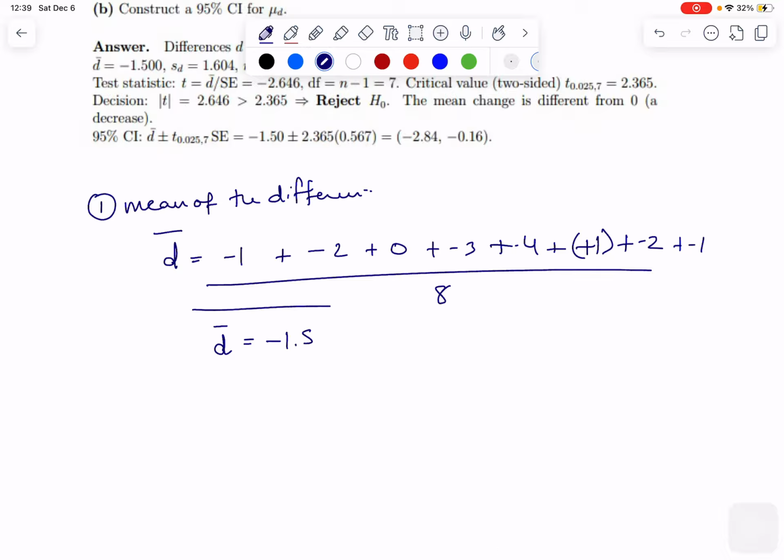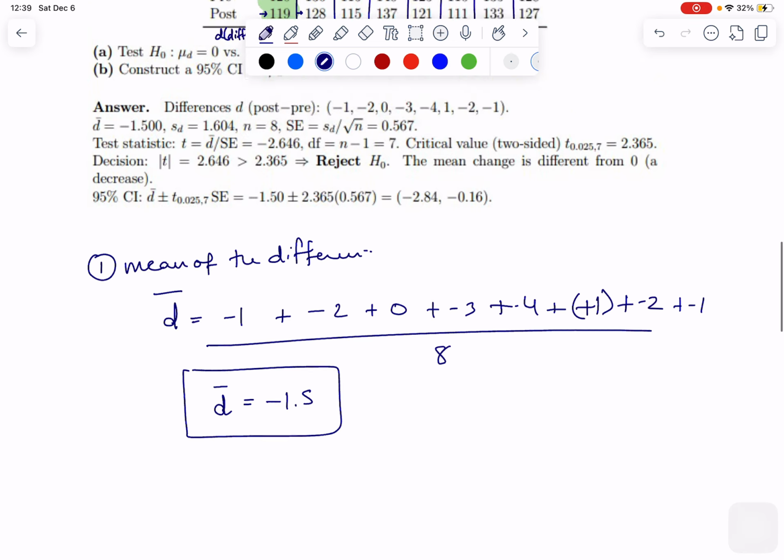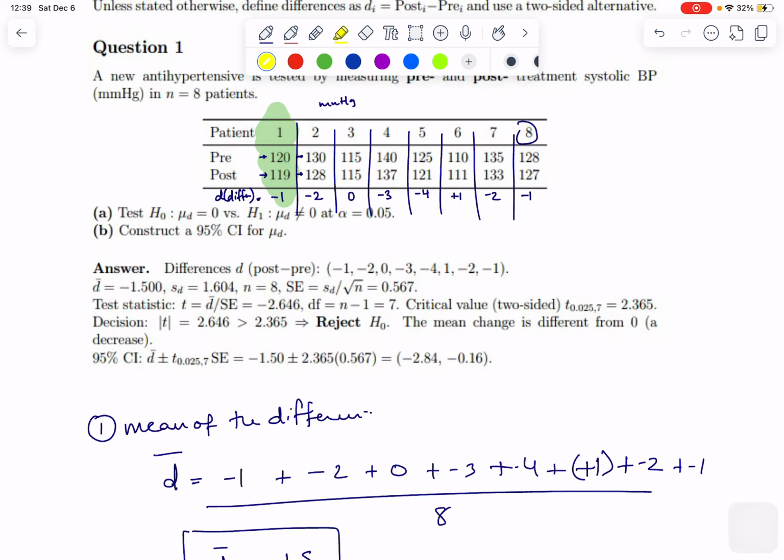So this is one thing we could establish. Another thing we could establish from these results is that they're numbers. If they're numbers you can find the mean of the numbers, the standard deviation of the numbers, and the number of samples. This is 8, this is -1.5. You could also calculate the standard deviation through a normal calculation, just like you do for any set of numbers, and it comes out to 1.604.